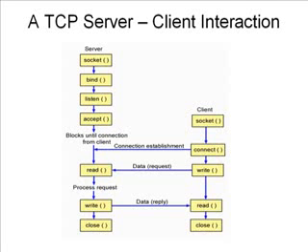So now, trying to break up the steps of the communication between a server and a client, as you can clearly see here, the server first calls socket, which is going to create the endpoint of communication. The client also does the same by calling socket. The server then calls bind to attach a unique address, in this case an IP address and a port number, on which it is going to be listening for various clients.